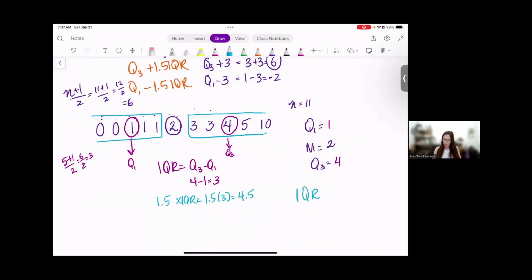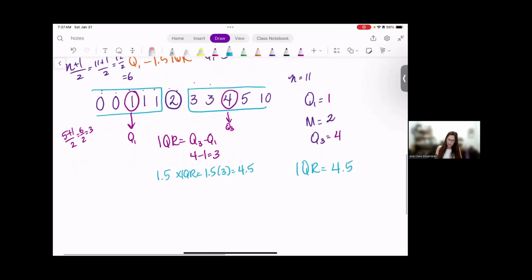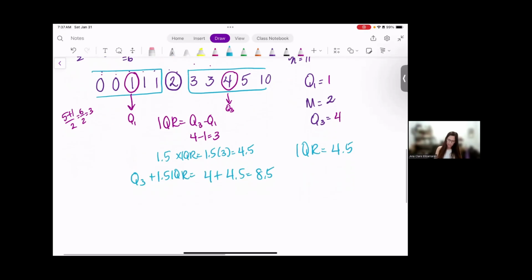Then I'm going to add that to the upper quartile. So Q3 is 4. 4 plus 4.5 is 8.5. I'm going to subtract that from the lower quartile.